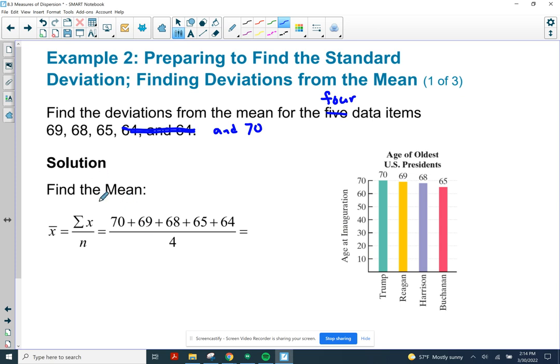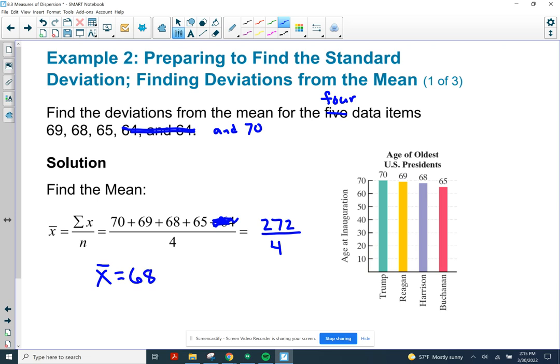Notice it says find the mean, and again, I apologize. I'm not sure how this data set got messed up, but we're not supposed to have a 64 in here. We're just going to average those 4 numbers, the 70, the 69, the 68, the 65. So we add them up, we divide by 4, and we get 272 for our numerator. Scratch out that 64, it's not supposed to be there. 272 divided by 4 gives a mean of 68.